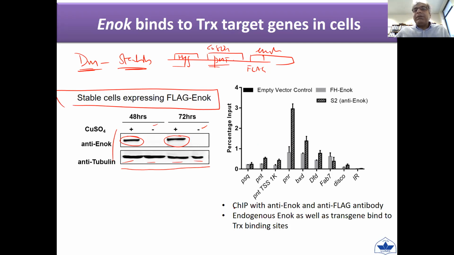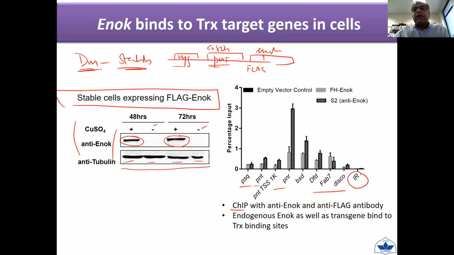Jawad did chromatin IP, and using chromatin IP, Jawad showed that in these cells, ENOC is present at all the trithorax group targets, and at one target, an intergenic region away from bithorax complex, where trithorax is not present, you see ENOC is also absent.